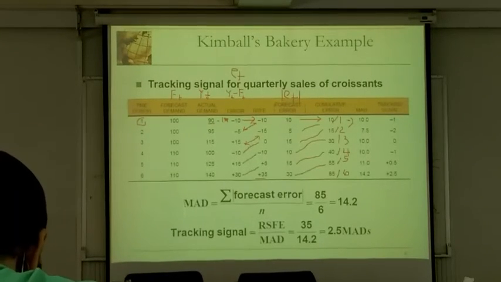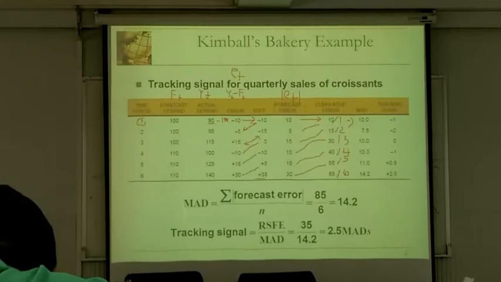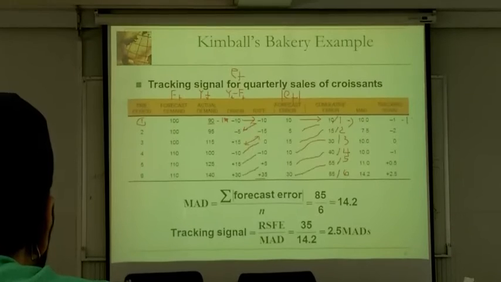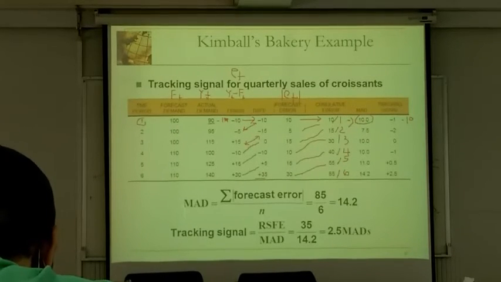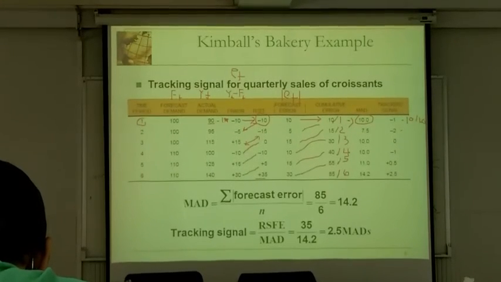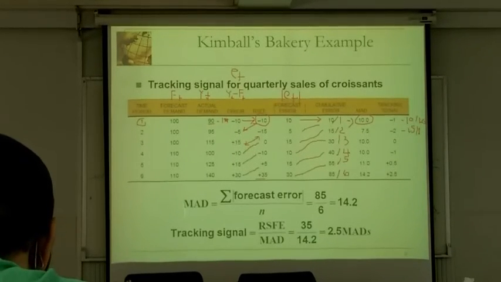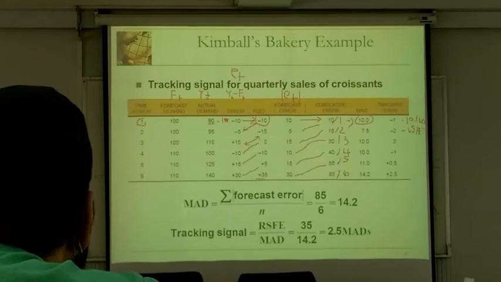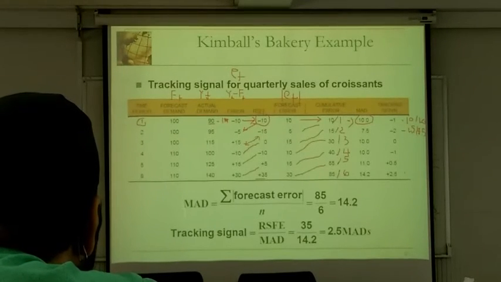Then the tracking signal is just equal to RSFE divided by MAD. So minus 10, you got it from minus 10 divided by 10. So next one is what? Minus 15 divided by 7.5. My handwriting is getting worse.